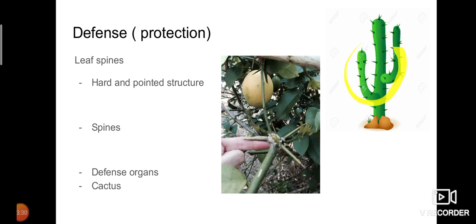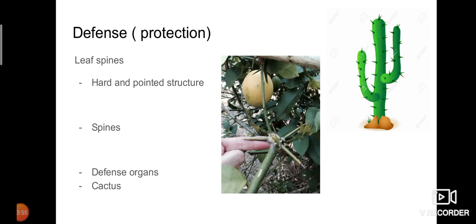The main function of these thorns is to protect the plant from the attack of animals. Animals also depend on plants for food, so to protect themselves, the thorns are present.